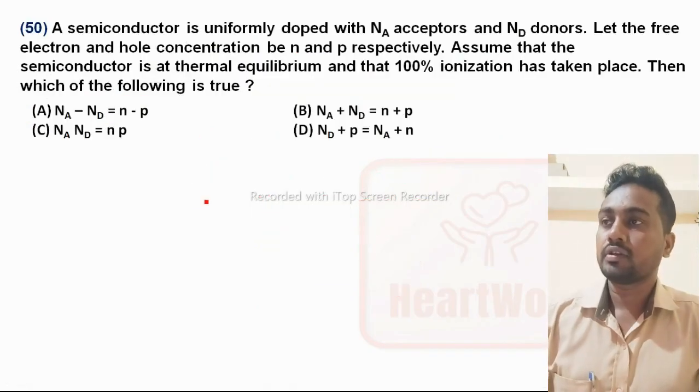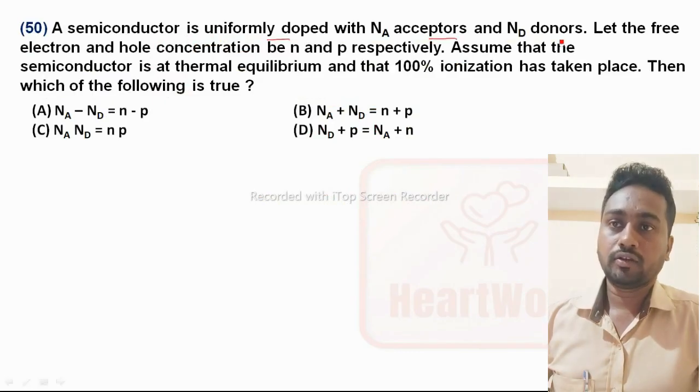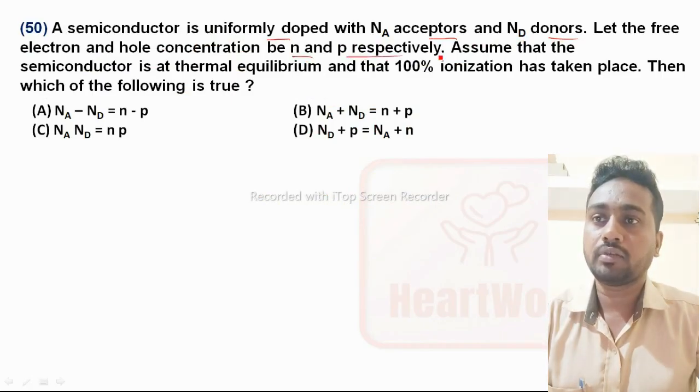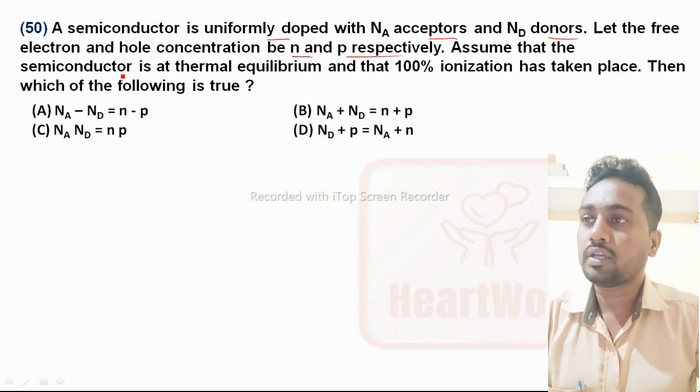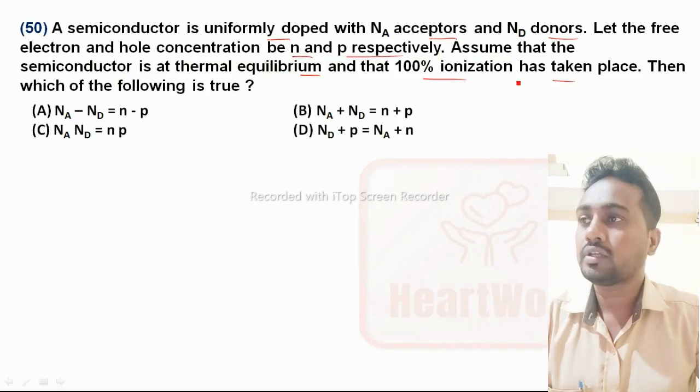Okay, next. A semiconductor is uniformly doped with Na acceptors and Nd donors. Let the free electron and hole concentration be n and p respectively. Assume that the semiconductor is at thermal equilibrium and that 100% ionization has taken place.